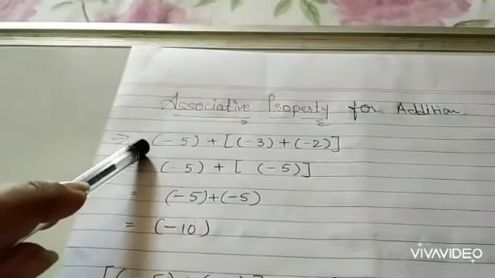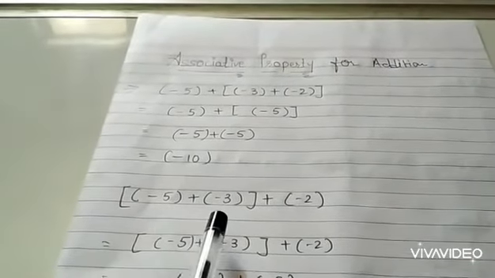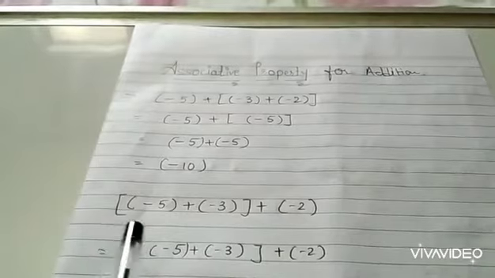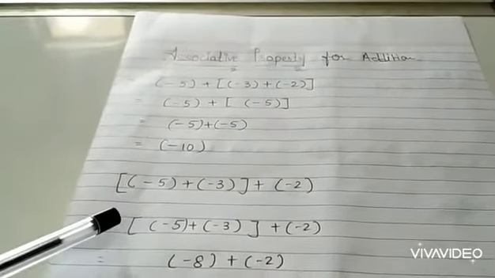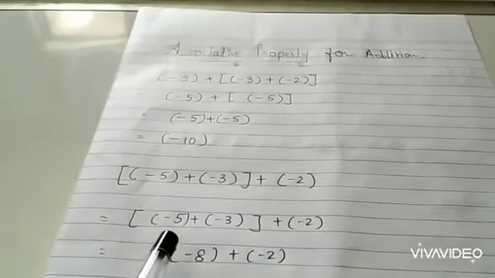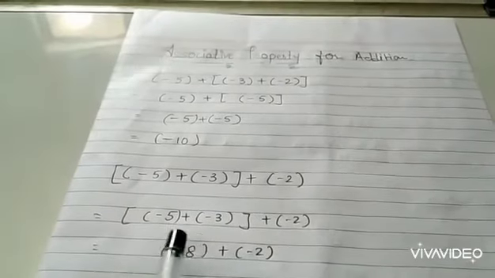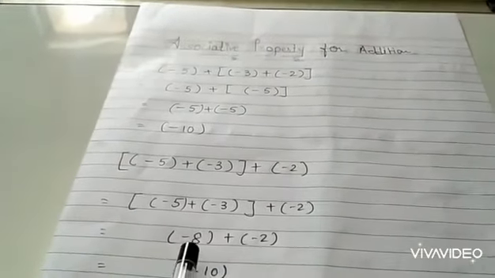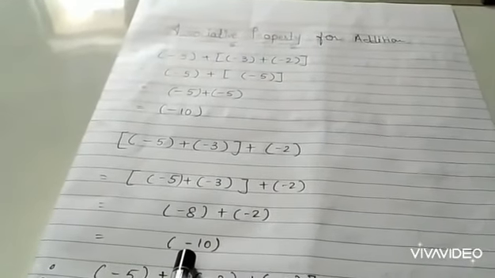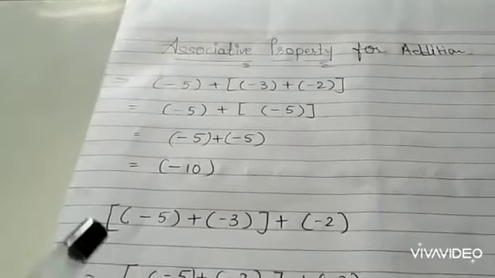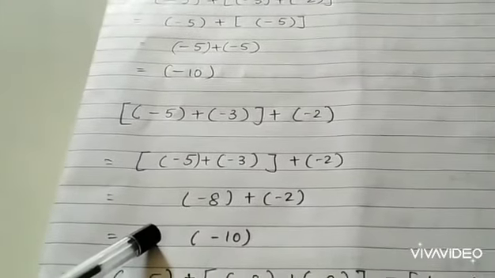Now we will arrange these numbers in different groups, like minus 5 plus minus 3 inside a bracket, and then minus 2. So firstly we will solve whatever is given inside the bracket. Minus 5 plus minus 3 becomes minus 8, plus minus 2. So it will be minus 10. As you can see, here also we are getting minus 10, and here also we are getting minus 10.